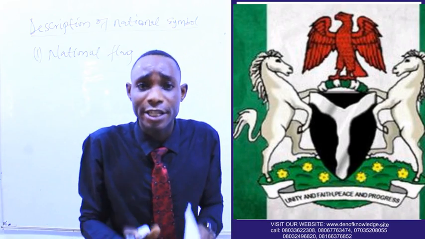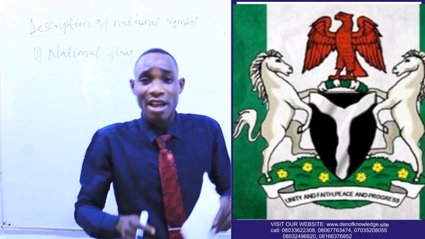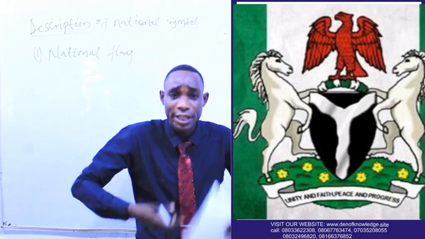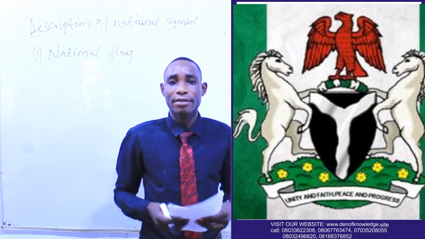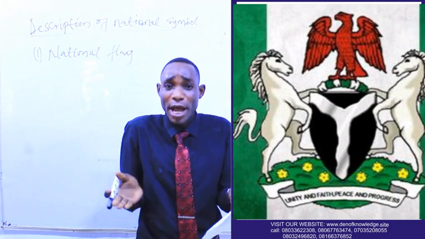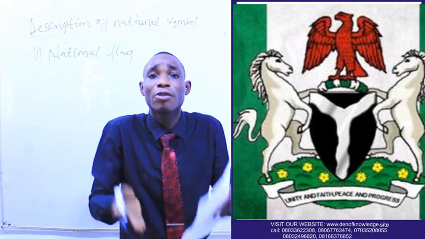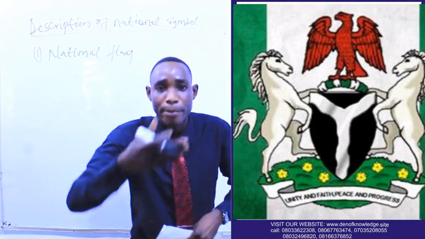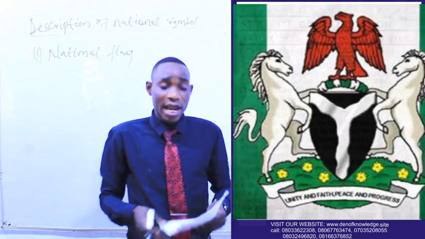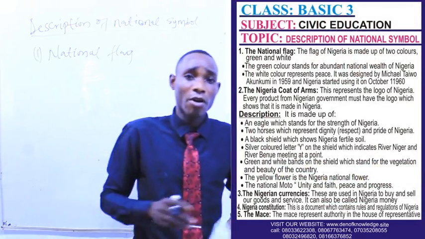It shows that Nigeria is a beautiful country. And it shows that Nigeria makes progress. That is why you can see many things that you have not been seeing. Most of them are coming into place because Nigeria is progressing.